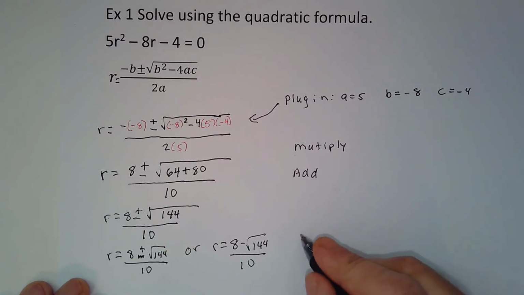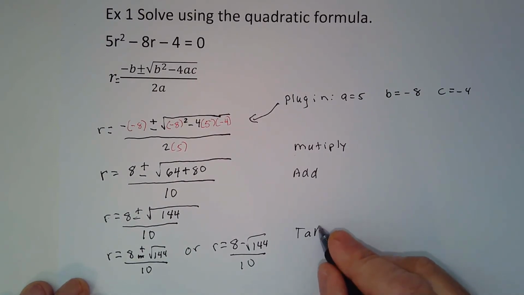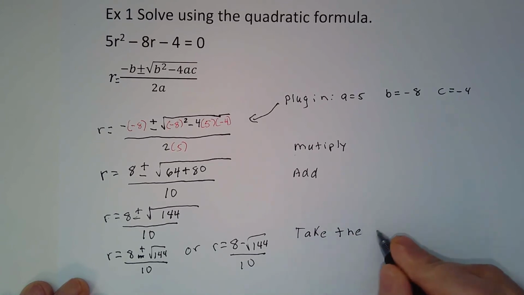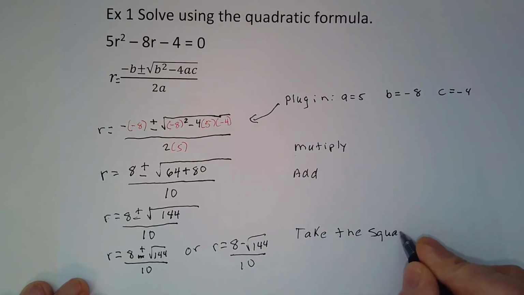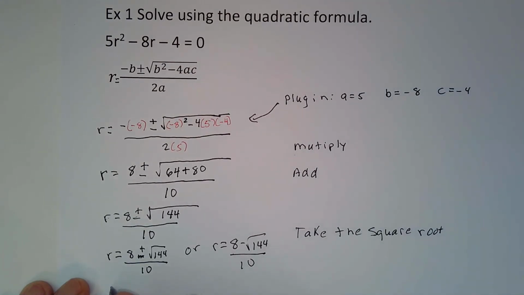Now we'll take the square root. So that leaves us with r equals 8 plus, and the square root of 144 is 12.